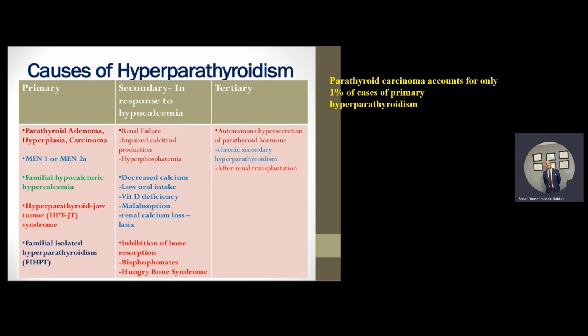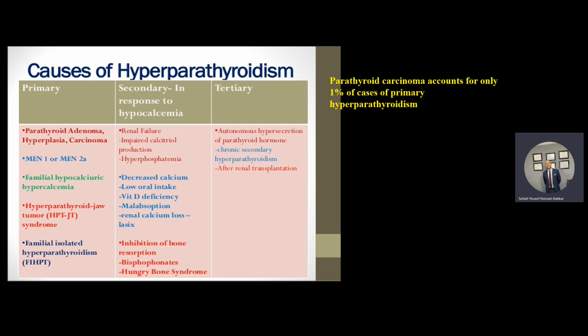And remember that a benign parathyroid adenoma could never be palpable as a neck mass. However, the much more aggressive parathyroid carcinoma, which accounts for only 1% of cases of primary hyperparathyroidism, could be appreciated as a palpable neck mass.